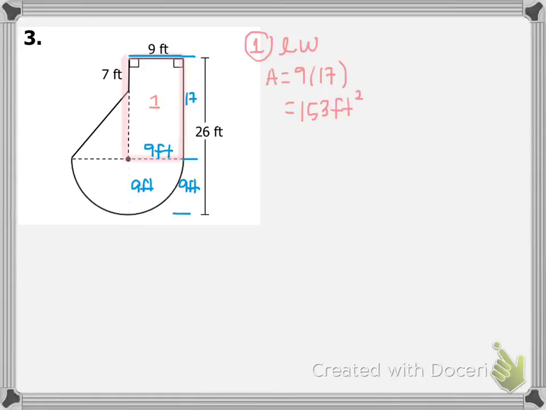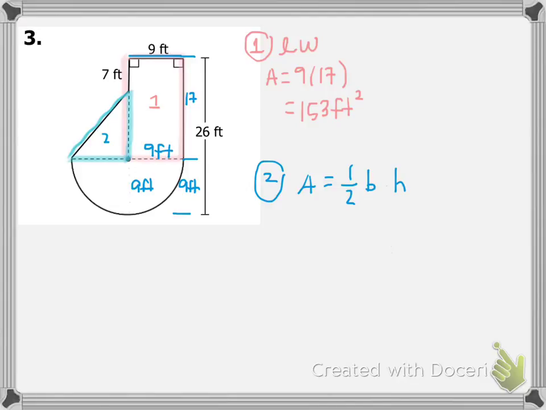The other one I have over here is a triangle. So this is a triangle, right? So that'll be my second area. The area of a triangle is 1/2 base times height.